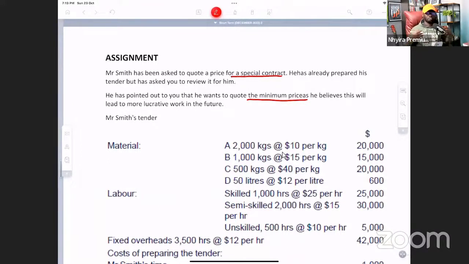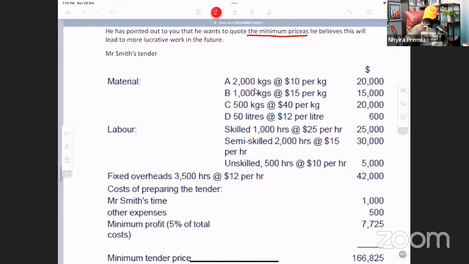So it is based on the condition under which the question is being asked that we know the way we have to work this out. So it means that we would have to use the marginal costing principle again. So let's go. Mr. Smith tender.